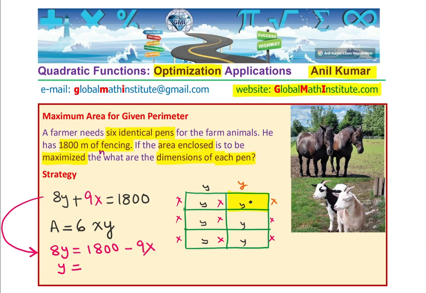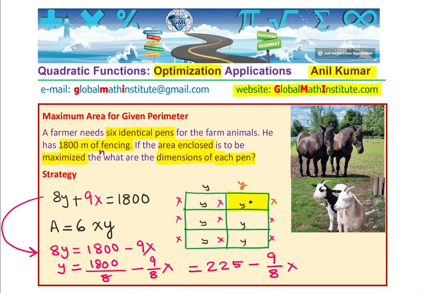So dividing by 8, we get 1800 over 8 minus 9 over 8 x, which is 225 minus 9 by 8 x. Is that clear to you? So we get an expression for y in terms of x.